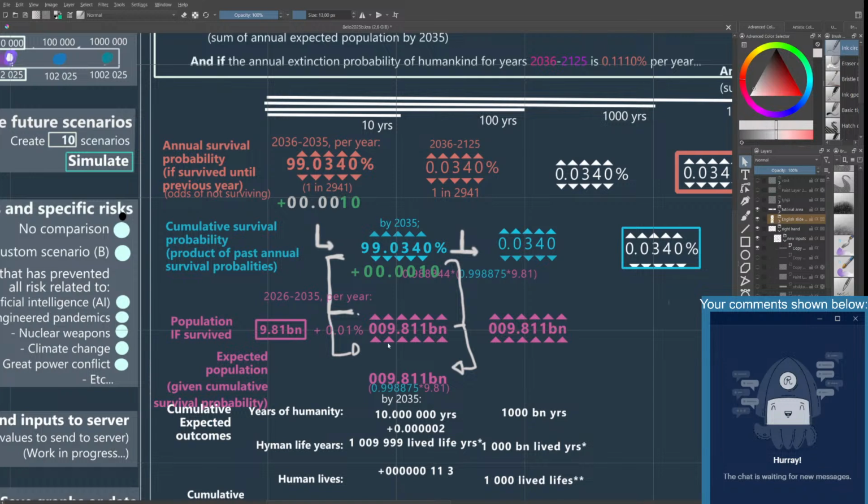But with this case, now I have the smallest decimal, it's like 1 million people.